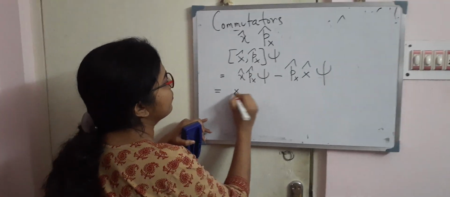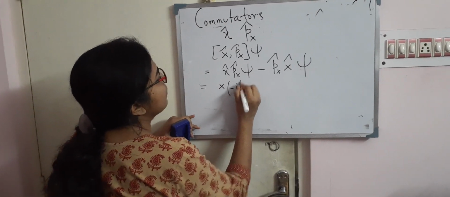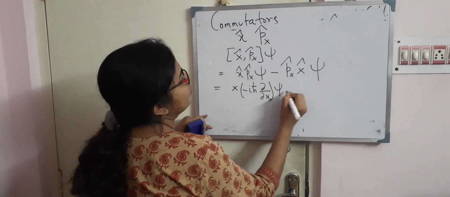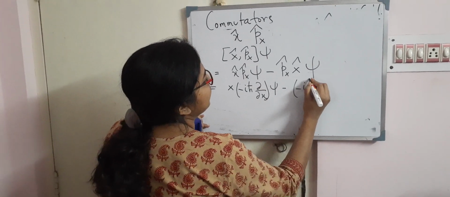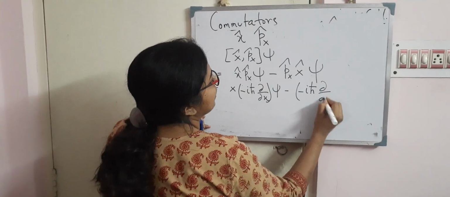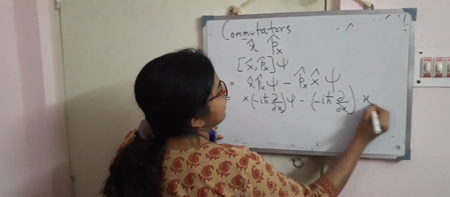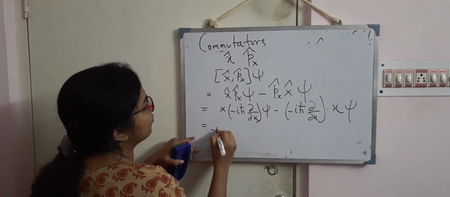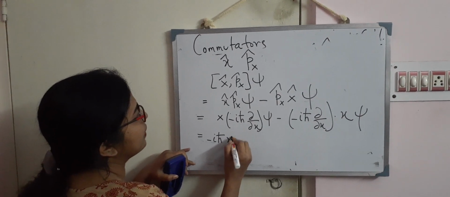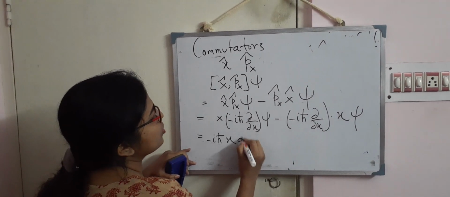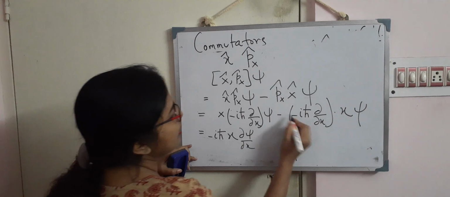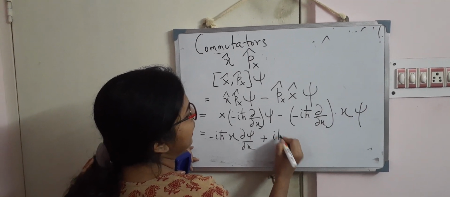So it is x variable, px cap is minus i h cut del x over psi, minus again px cap is minus i h cut del x and x cap is x over psi. So now I will just do the simple differentiation. So minus i h cut x del x operating on psi is del psi del x, and this is the constant, so I can just bring it out. Here it is plus i h cut.